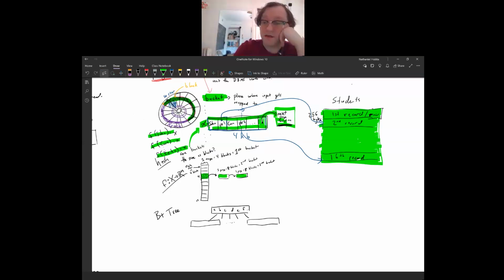So each block can hold X amount of records. Could be. It depends on the length of the record. If the record is smaller than the block size, then yes. In this case, one block could hold 2 records because one block is 512 bytes, in this example.